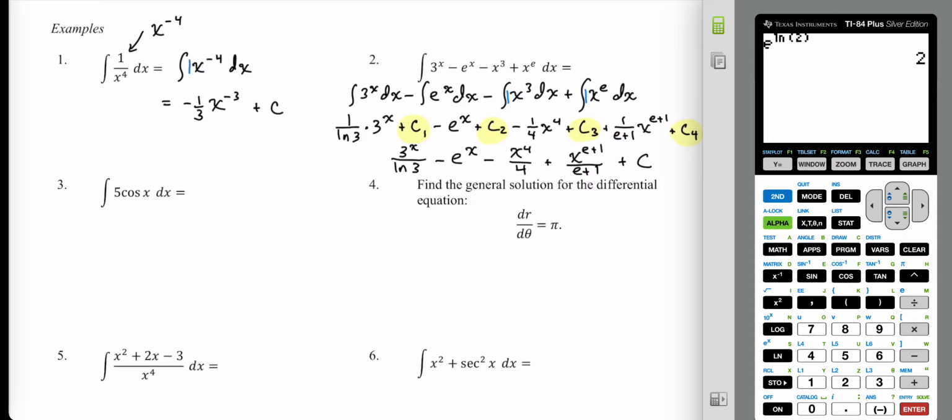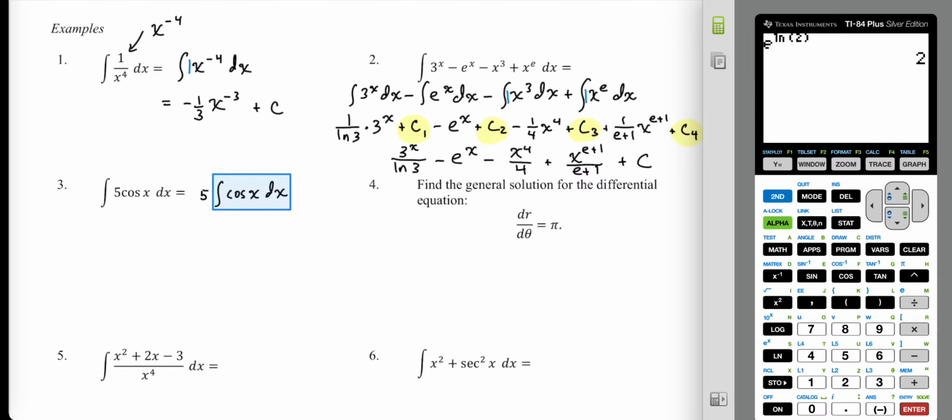All right, number 3, antiderivative of cosine is sine. But before we get into that, we may want to factor out the 5. You can kind of work with it as is, but we do want to get in the habit of sort of manufacturing a rule from something that doesn't necessarily follow a rule.